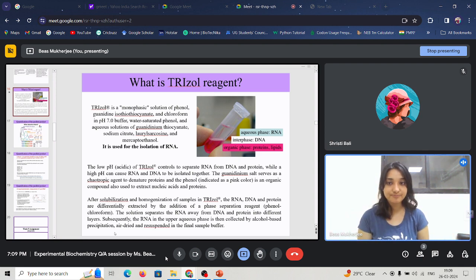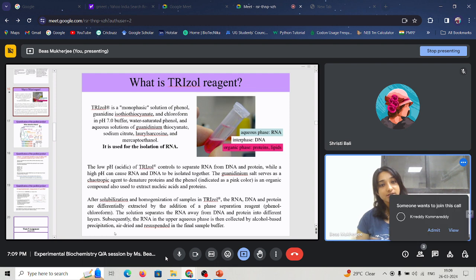So after solubilization and homogenization of the samples in trizol, RNA, DNA and protein are differentially extracted by addition of a phase separation reagent, which is phenol chloroform. You have studied that phenol and chloroform are basically causing this entire phase separation. This is clear? Fine. The solution separates the RNA away from DNA and the proteins into different layers.